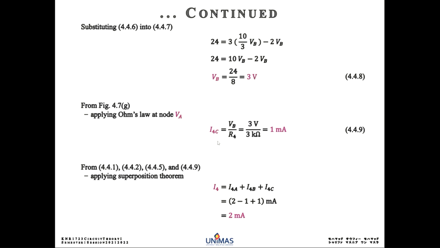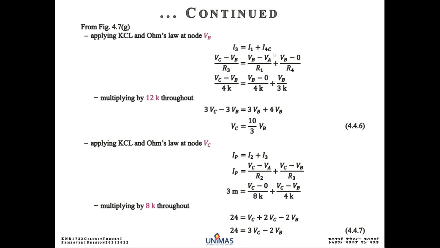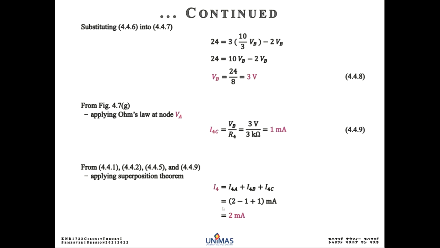And now you know that I4C is VB divided by R4, or as we did earlier, I4C is VB minus 0 divided by R4. So basically VB divided by R4. So we have 1 milliamp. So this is positive. So now if you sum up together using the superposition, I4 is equal to I4A plus I4B plus I4C.